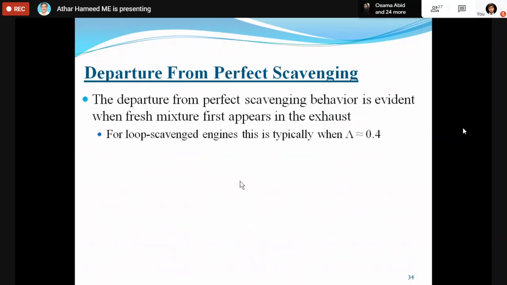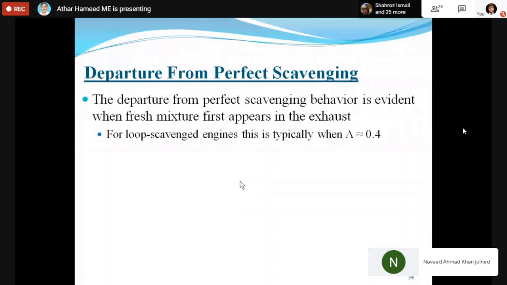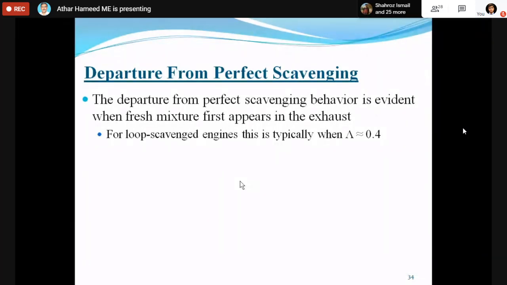For the loop scavenge engine, the delivery ratio lambda is typically about 0.4. It has been seen experimentally in the loop scavenge engine that the delivery ratio is 0.4. And you know what loop scavenge is, in which both the inlet and exhaust ports are on the same side of the cylinder.